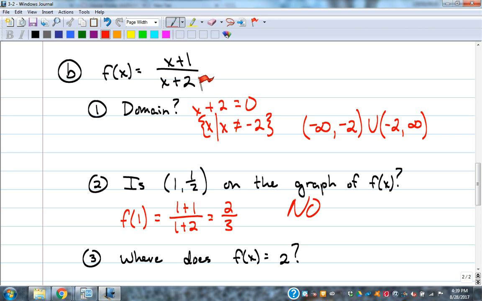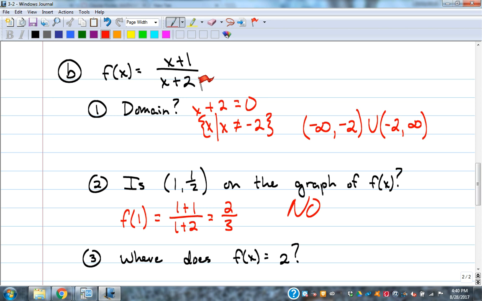Where does f of x equal 2? Maybe that's a little more interesting problem. I don't have the graph for that, so I can't just draw a line y equals 2 on it. And maybe that wouldn't be the best way of getting there anyway.